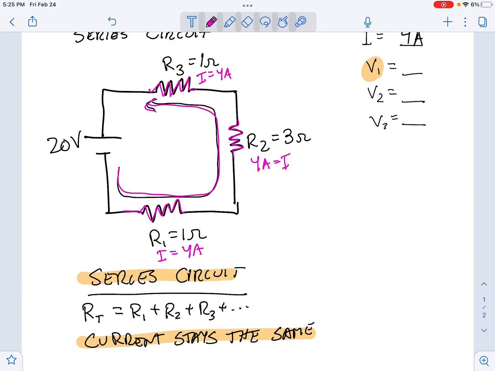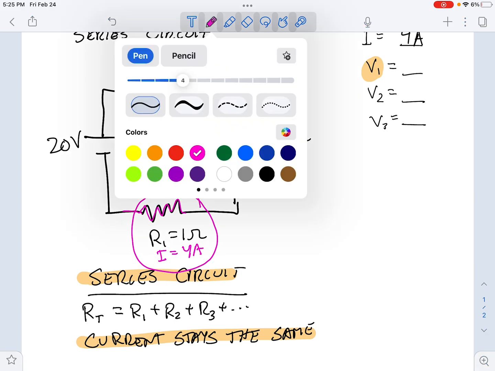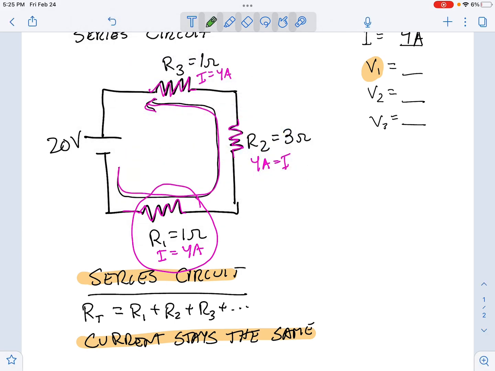So if we wanted to look locally, just at this resistor, and we wanted to know how much voltage this resistor is using, we could again use our famous V equals IR, but now instead of for the whole system, we're going to be using it locally. So I want to know V1.